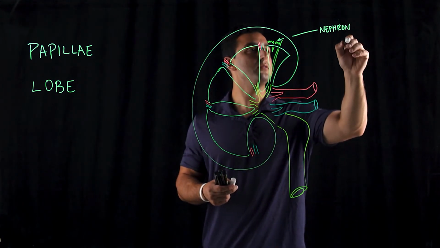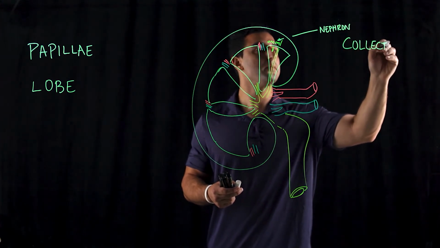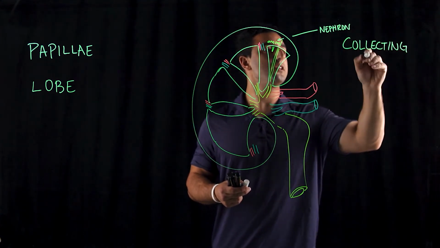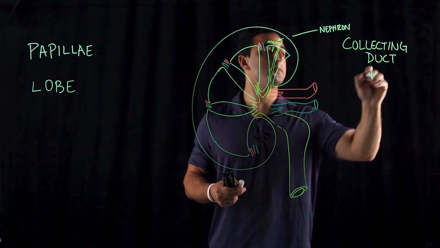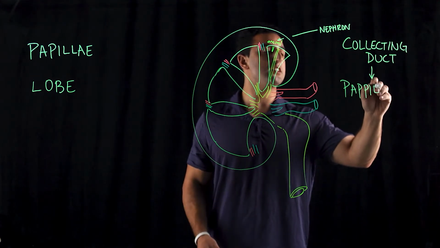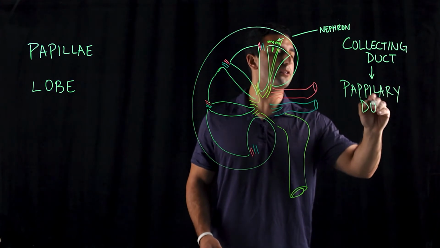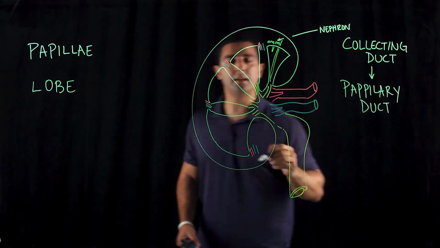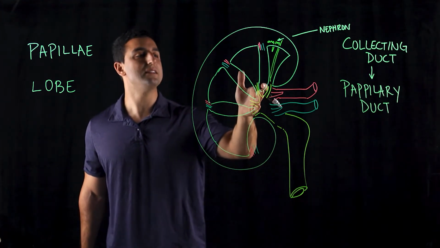Let's make a little column of what's going on. You have the collecting duct, which eventually branches off and becomes the papillary duct. The papillary duct is now transferring every urine particle down to these little tubes here, which are called the calyces, in yellow.